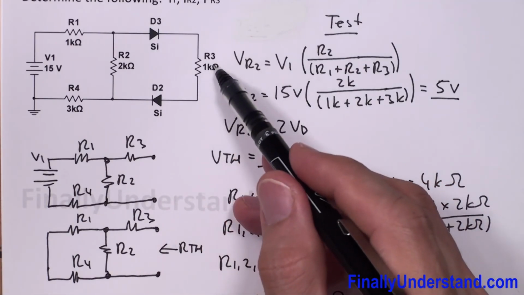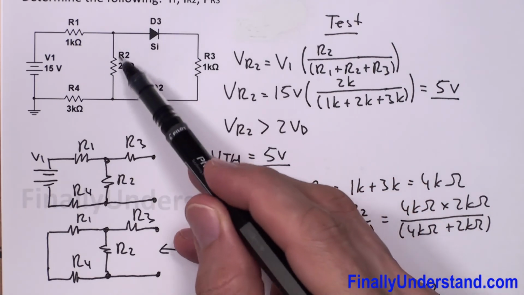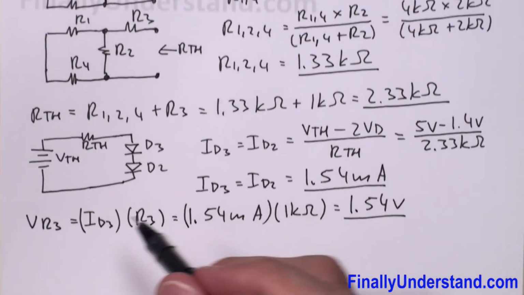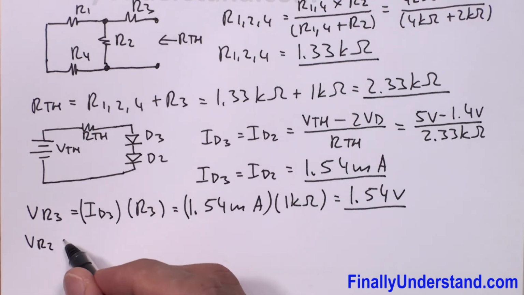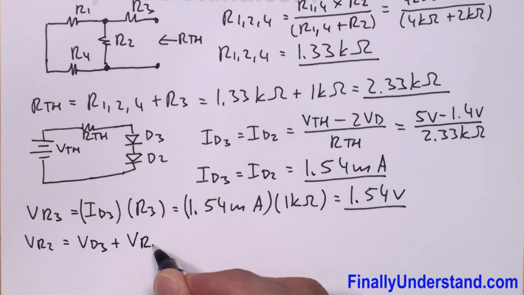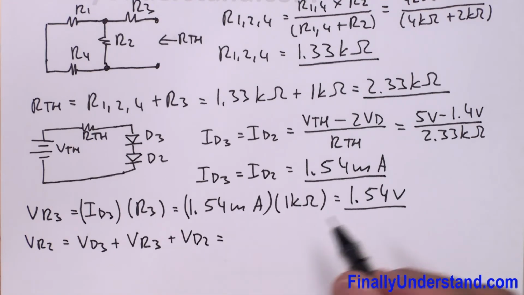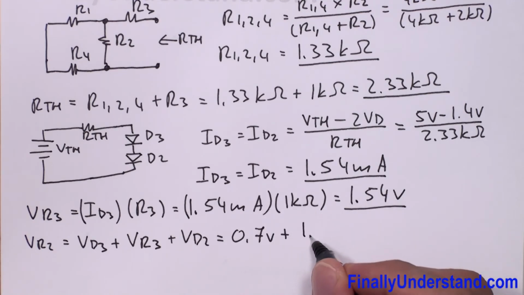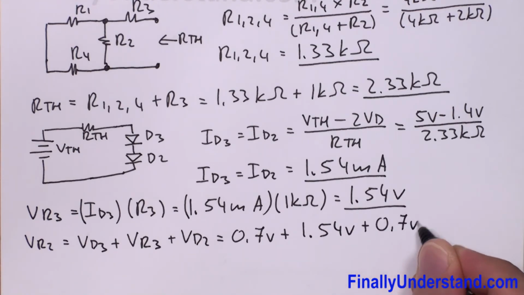If I have voltage across resistor R3, I can add these voltages together and I'm going to obtain the voltage across resistor R2. So VR2 is equal VD3 plus VR3 plus VD2, which is equal 0.7 volts plus 1.54 volts plus 0.7 volts.